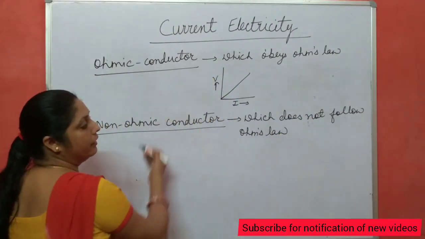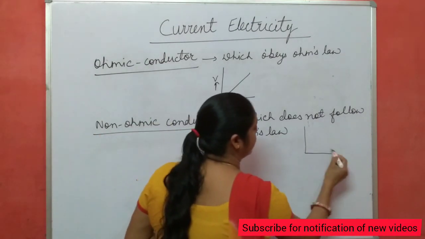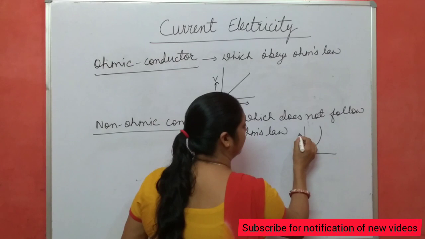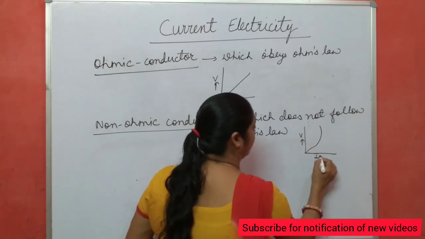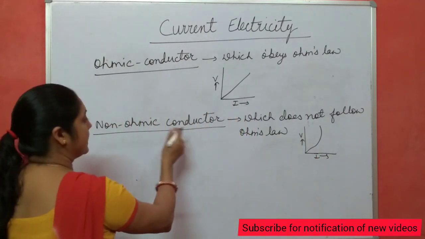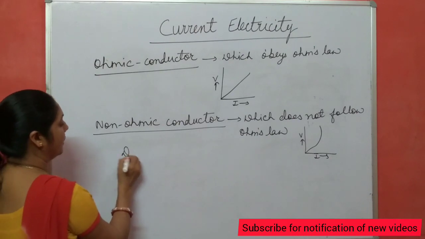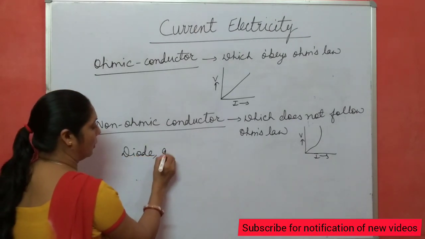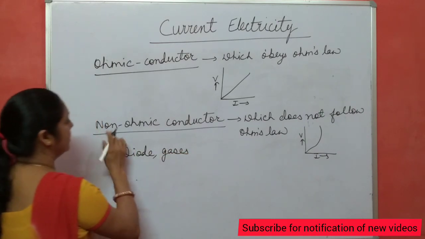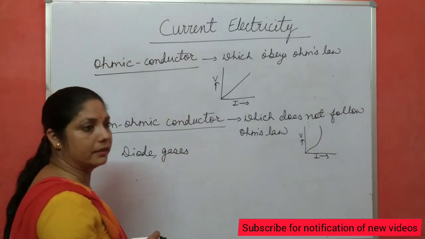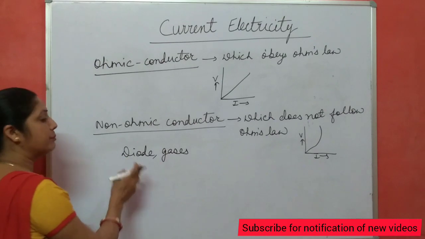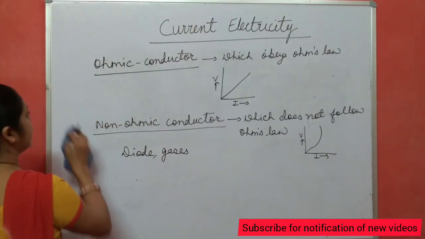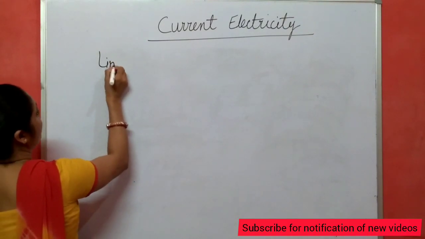So the graph is not linear. Sometimes it is linear, then it becomes a curve type graph. It is not a linear graph. The best example for this is the diode. And some gases are also non-ohmic conductors. So these examples come under limitations of Ohm's law. Next we will discuss limitations of Ohm's law.